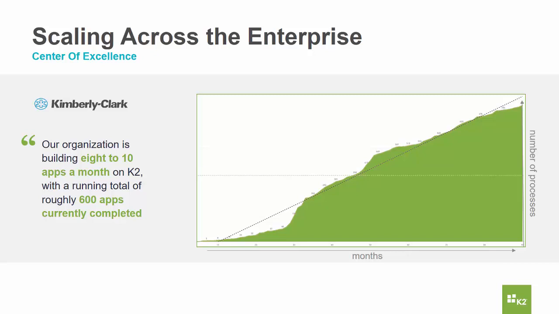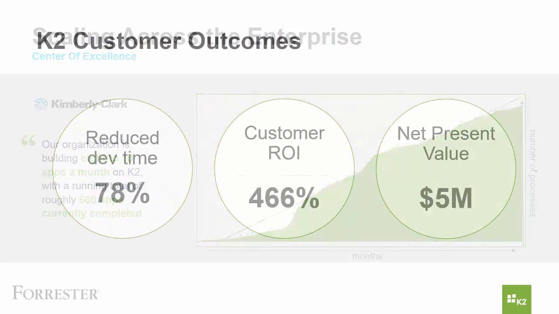Kimberly Clark, as well as many others, are a great example of this, where they're seeing value of the K2 platform across the entire organization. This is how organizations can be put on a path to automate every process, by providing a platform not just for IT to create complex applications, but to put the power in the business to automate their own processes. And this is really what it's about.